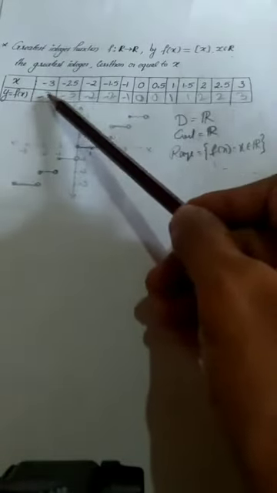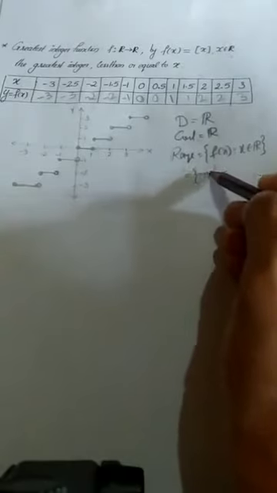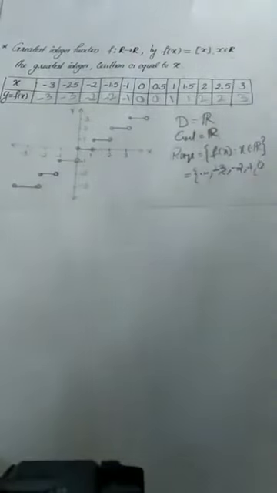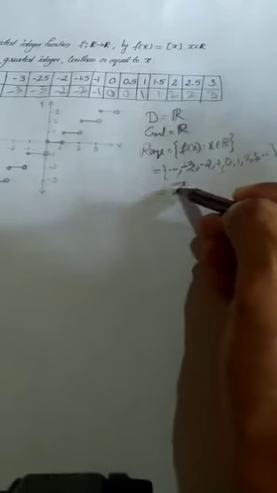Every image is an integer, so we cannot find a non-integer real number. We can write etc., minus 3, minus 2, minus 1, 0, 1, 2, 3, etc. That is the set of all integers, whose notation is Z. The range of f is equal to Z, the set of all integers.